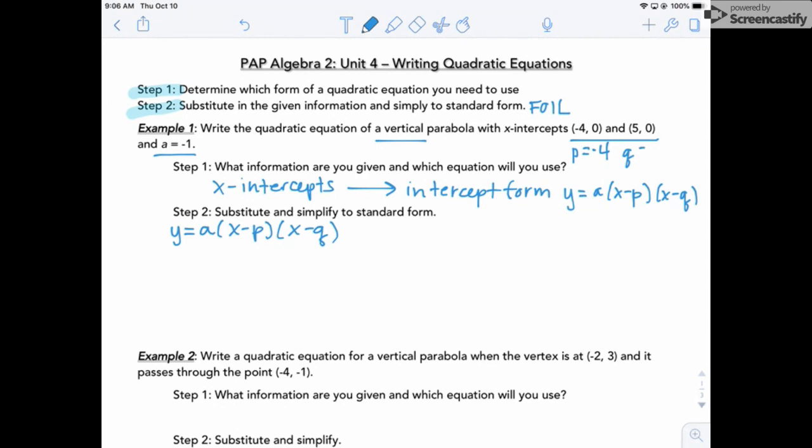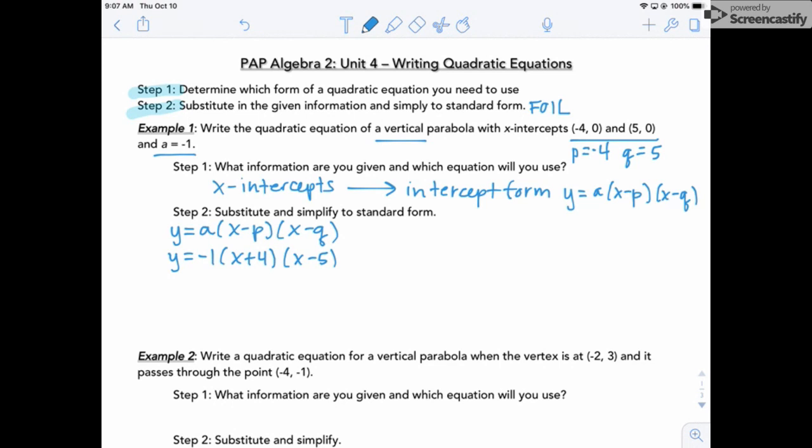And q is +5. So again, we know it's going to be opposite. So if we go back down to step 2 and plug in, we have y equals, a was -1, right? We were given that. And then we have x minus p. Well, minus p is minus a -4, so really it's +4. And then x minus q is x minus 5, because q is a +5.